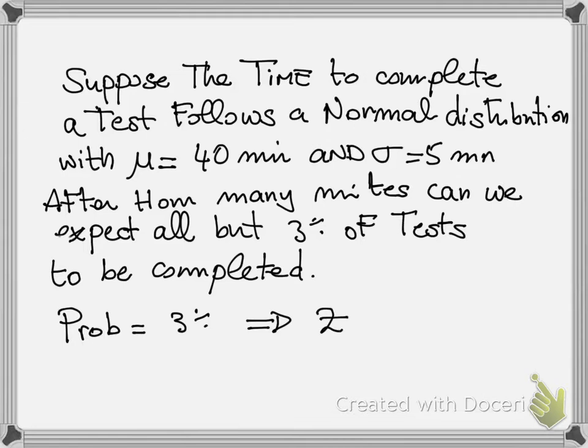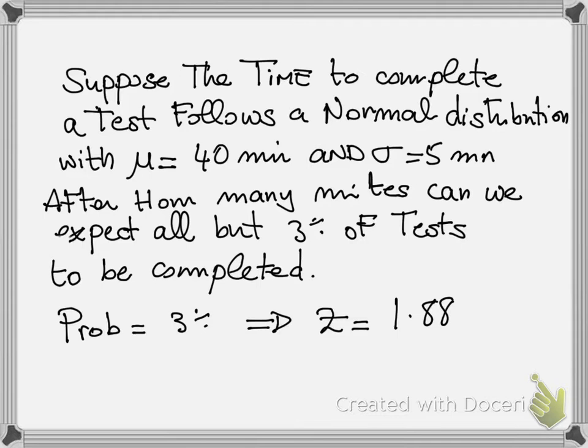We said z is 1.88, that's what we found in the previous question. All but 3% of the tests to be completed means there's some probability that the test is not completed. The probability that the test is completed is 97%, and there's only 3% not completed. That's the 3% to the right of the z. So the corresponding z is 1.88.